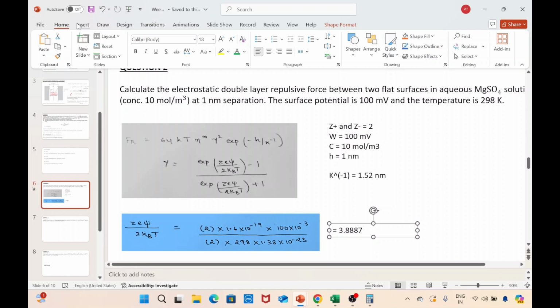So the value of gamma we need to calculate.